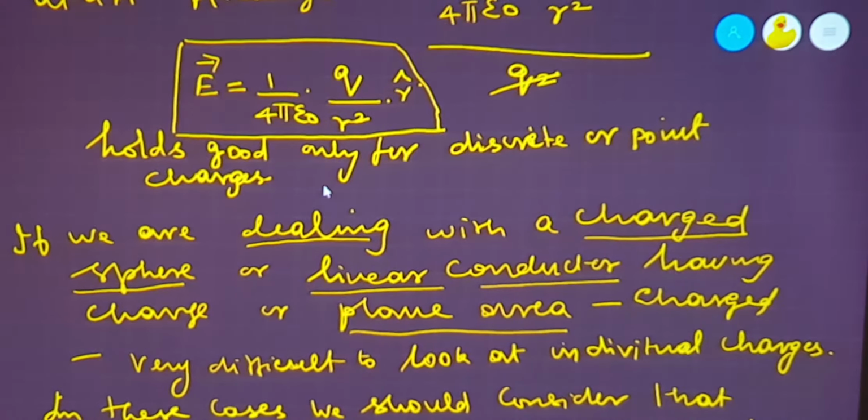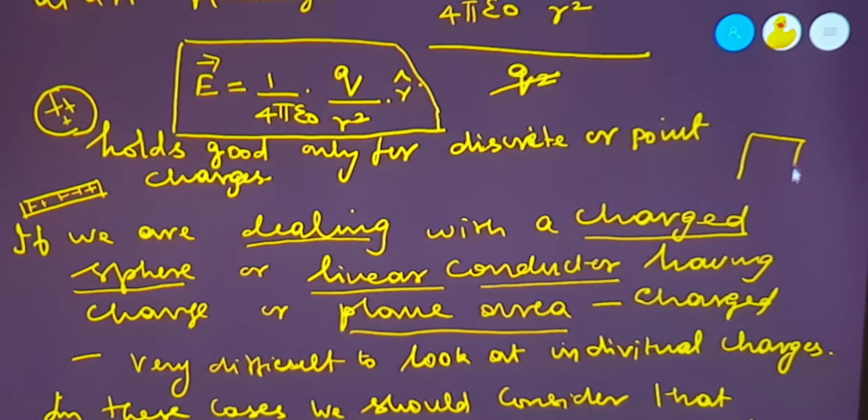But if we are dealing with a charged sphere, a positively charged long conductor, or a surface area in which the charges are uniformly distributed, the situation changes.